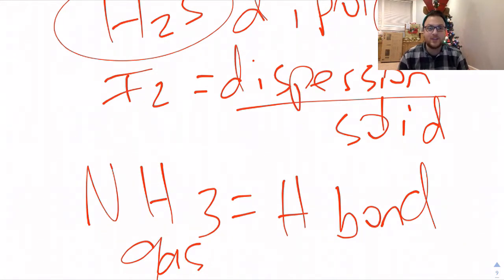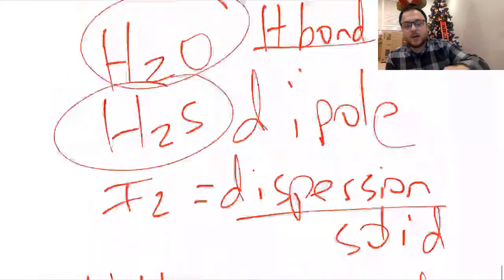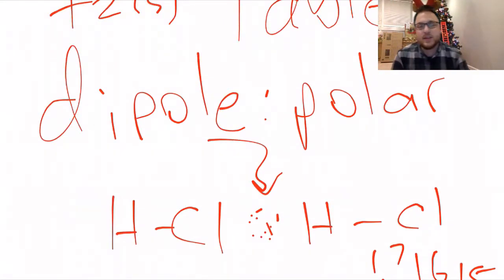Alright, oh wait, hold on, a few more questions. Good question. When I'm talking about dipole here, when I say polar, I'm always talking about the molecule. So I was talking about the molecule here.